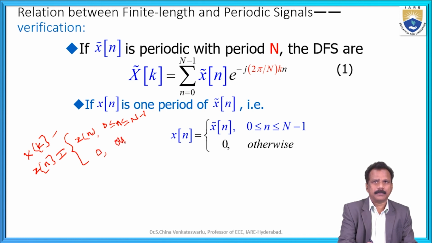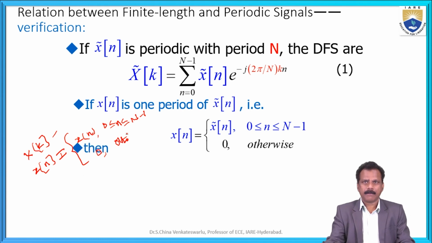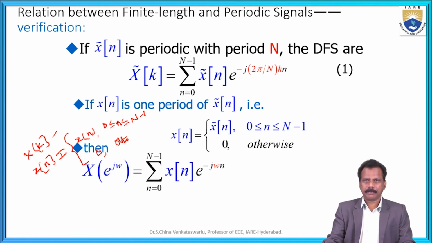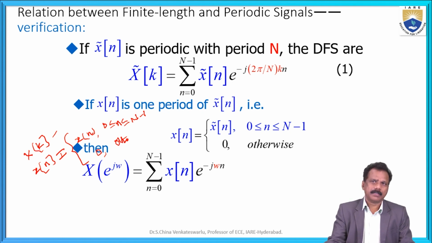Then X of e power j omega is equal to the summation n equal to 0 to N minus 1 of x of n e power minus j omega n, where the omega value we know.